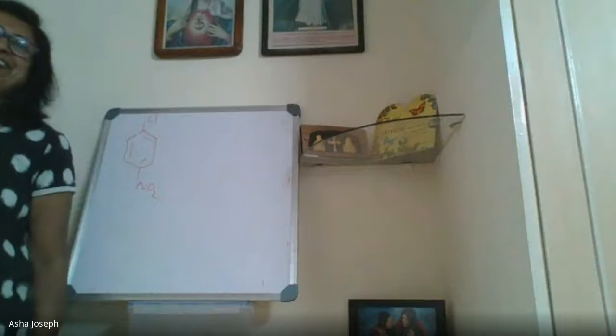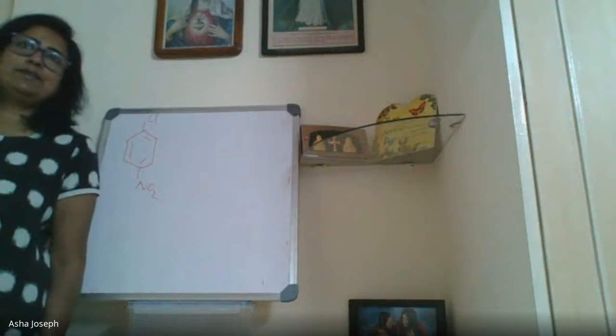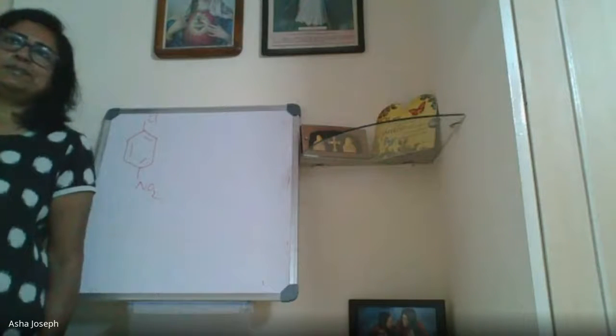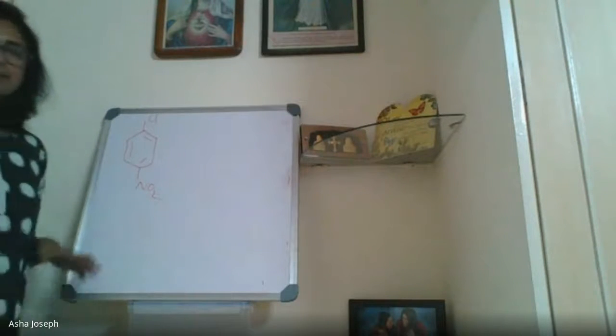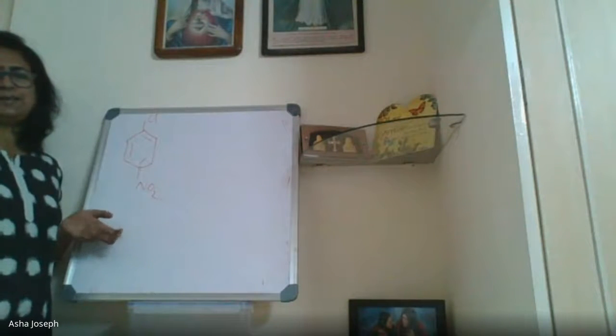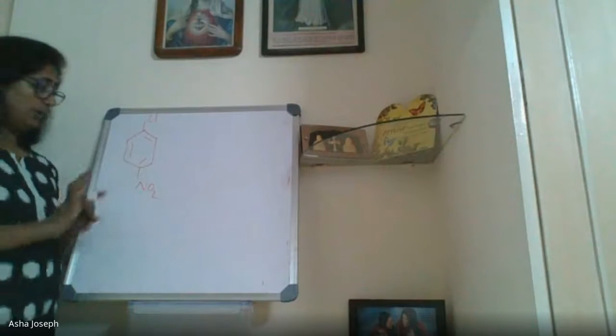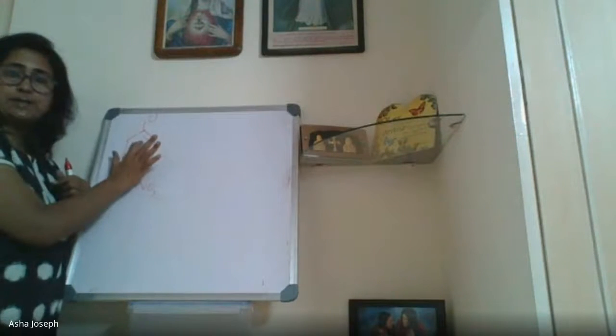Ma'am, it's electron loving. No, don't say electron loving. Say withdrawing. Loving we say for nucleophile, with philic. In a way you can see NO2 plus is electrophilic, yes. So it is electron withdrawing. It will withdraw electrons from the benzene ring.